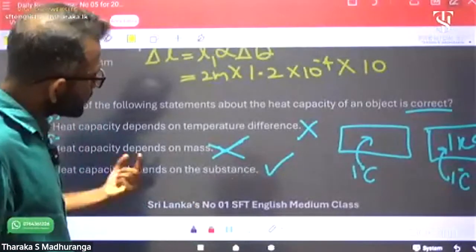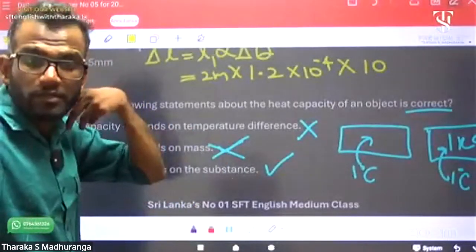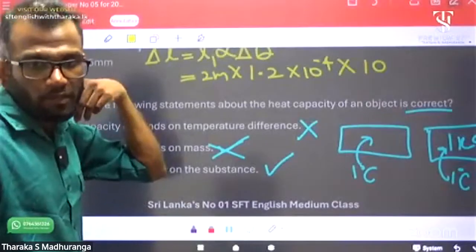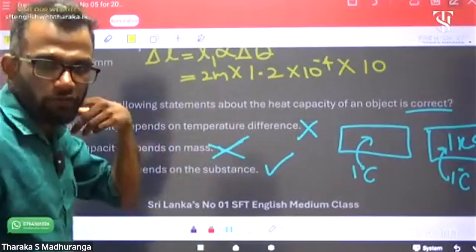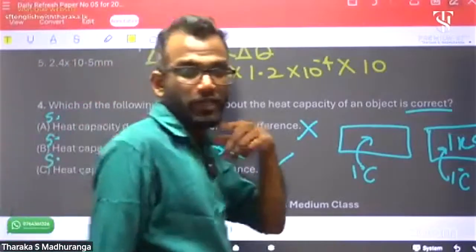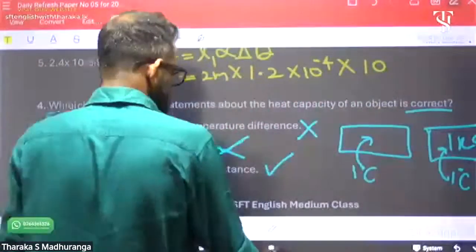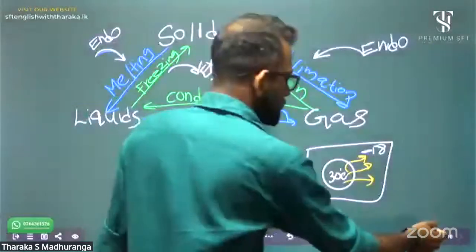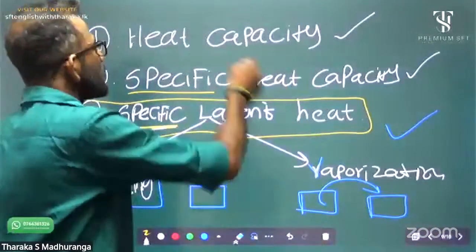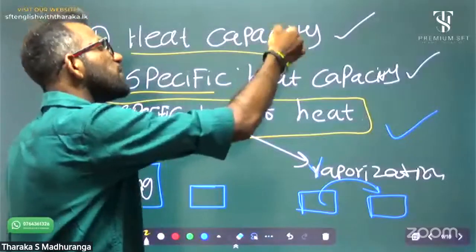Specific heat capacity depends on the substance type. Yes, it's correct. It changes with the substance type. You have to remember this.